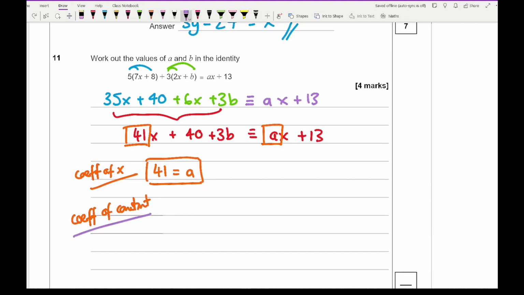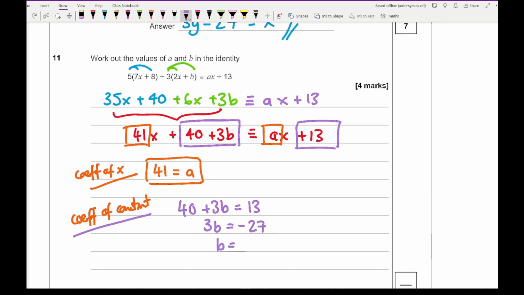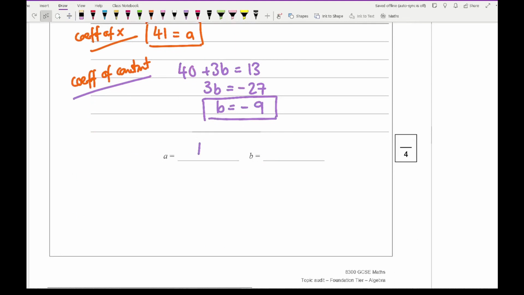So here we've got 40 plus 3b, and that must equal 13. So if I now solve this equation, taking the 40 to the other side, I end up with 3b equals minus 27. Divide that by 3 and I get minus 9. So my two values of a and b are going to be 41 and minus 9.